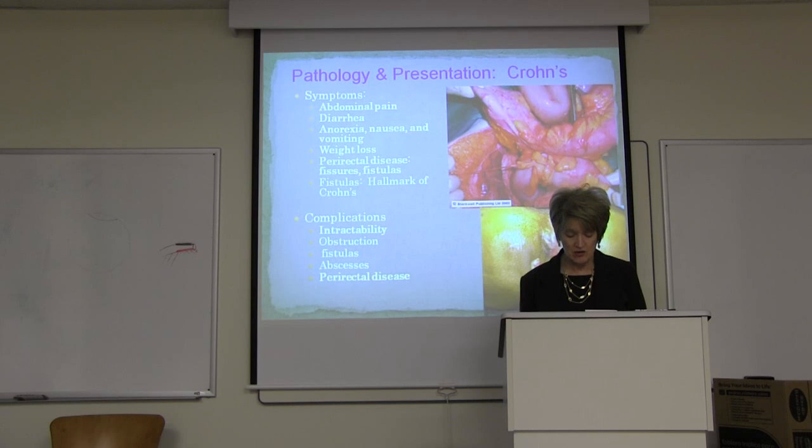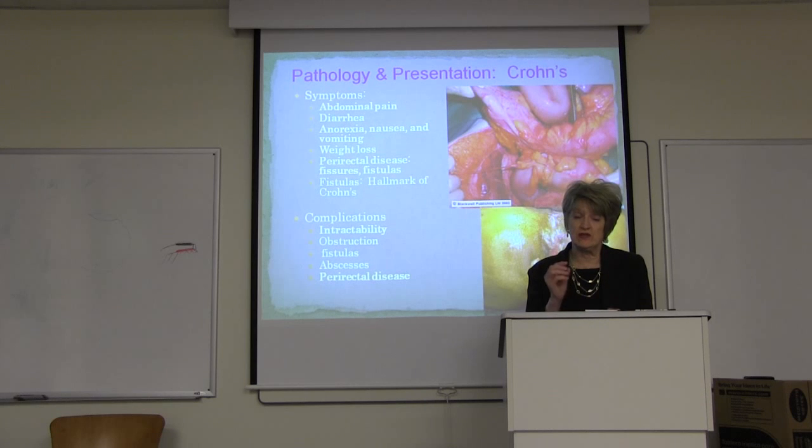The other thing I wanted to talk about related to Crohn's is the fact that some patients with Crohn's develop perirectal disease. I mentioned this a little bit in a previous class. This is unique to Crohn's, does not occur in patients with ulcerative colitis. And what tends to happen is the intense inflammation in the rectum creates little fissures and fistulas between the rectum and the anal canal and the perineum.